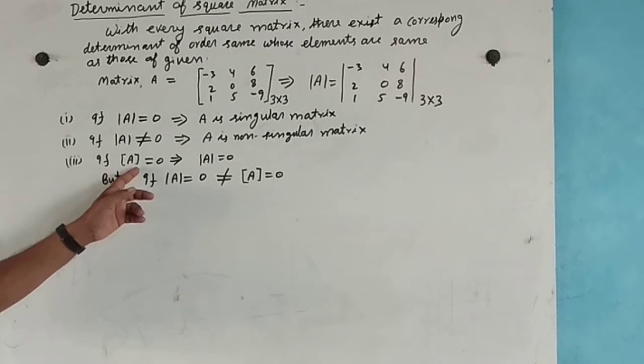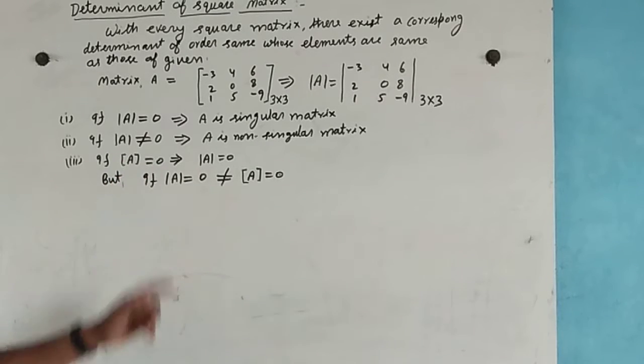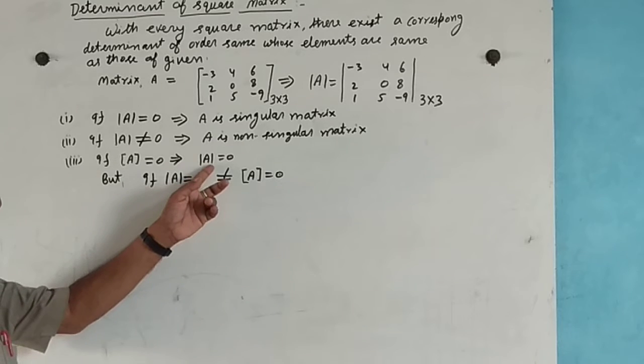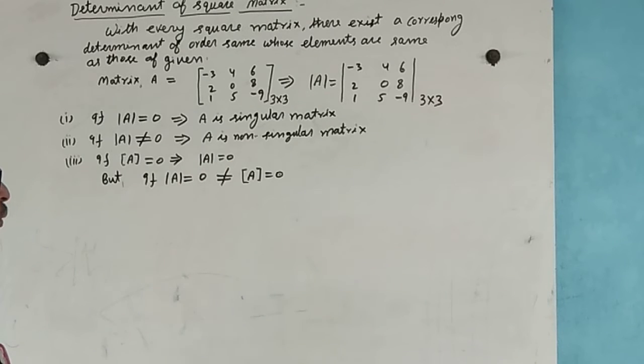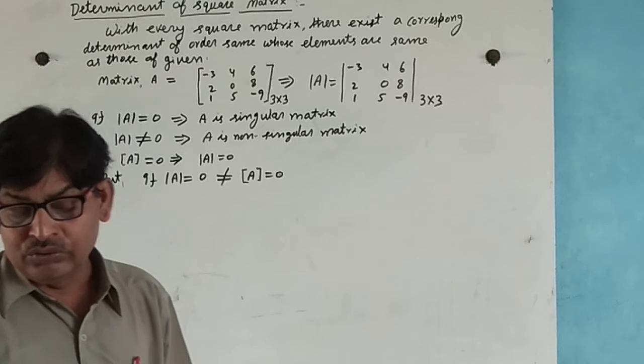If matrix A equals 0, it means that the determinant will also be 0. But if the determinant is 0, then it cannot be said that the matrix will be 0.